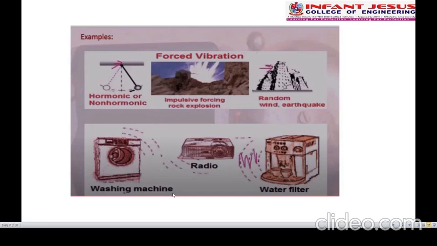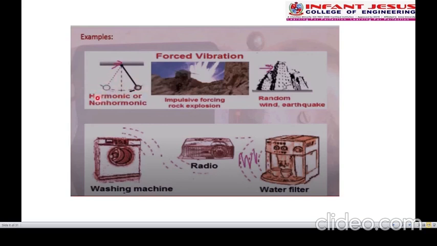Here you can see some more examples of vibrations. Forced harmonic, that is periodic, vibration is a pendulum or clock. If we give a continuous external force, the pendulum goes here and there and vibrates.